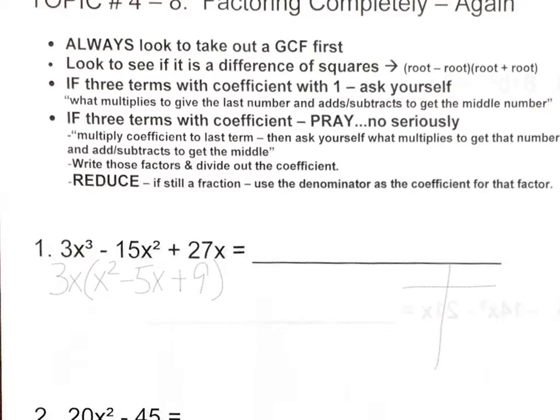So we want the factors of 9 that add up to negative 5. So 1 and 9, and 3 and 3. Neither one of those add up to negative 5. So your answer is 3x, x squared minus 5x plus 9. That's all you can do. Easy enough.